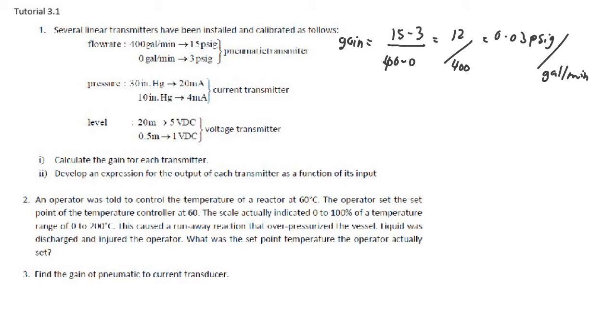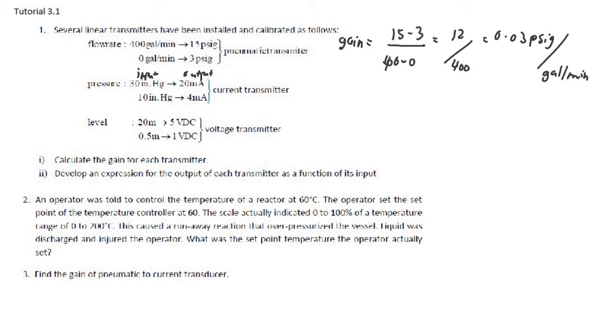For the second one, which is for pressure, we have this part as input and this part as output. The pressure is in inch Hg, converted to a current transmitter, which is in milliampere.